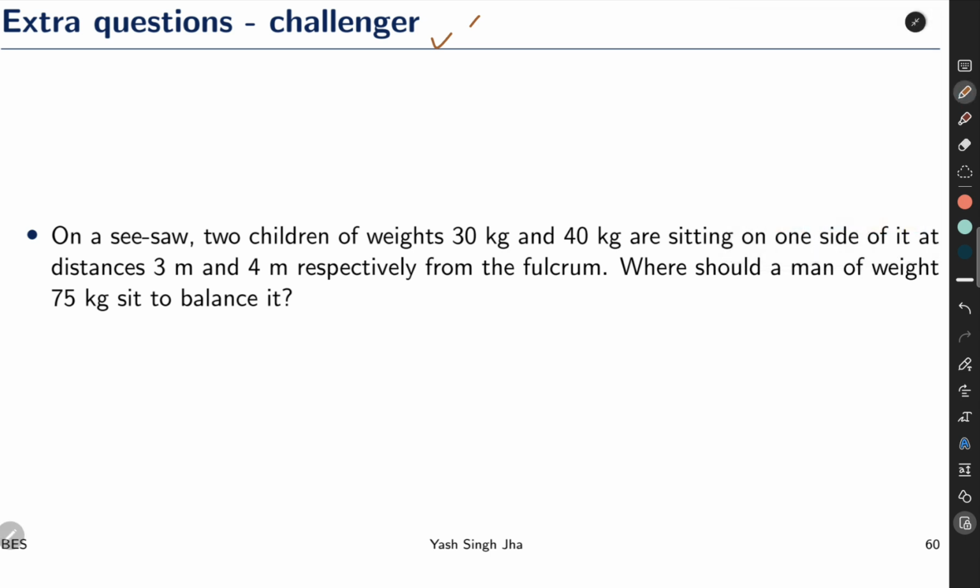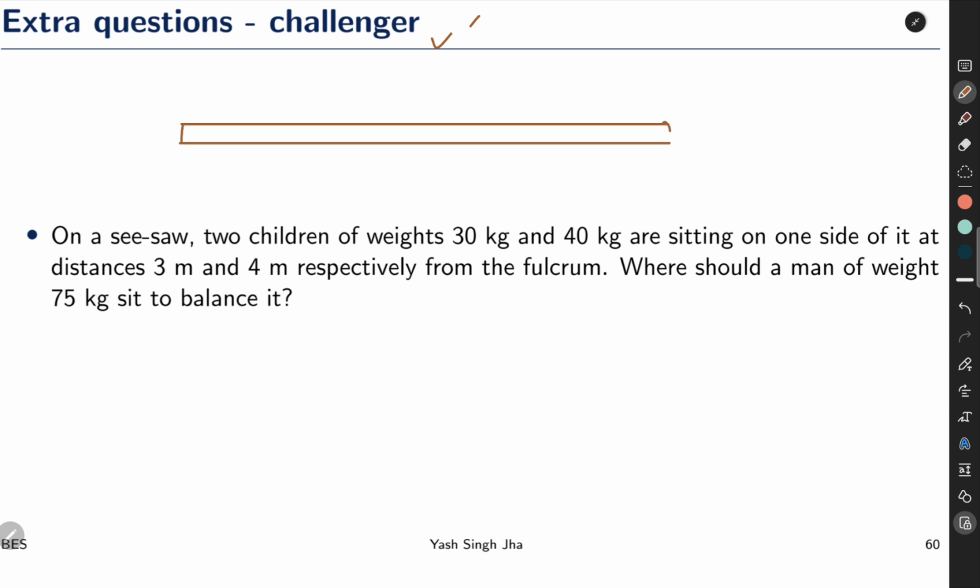On a seesaw, two children of weights 30 kg and 40 kg are sitting on one side of it at distances 3 meters and 4 meters respectively from the fulcrum. So we have a seesaw. Let's say this is the seesaw.